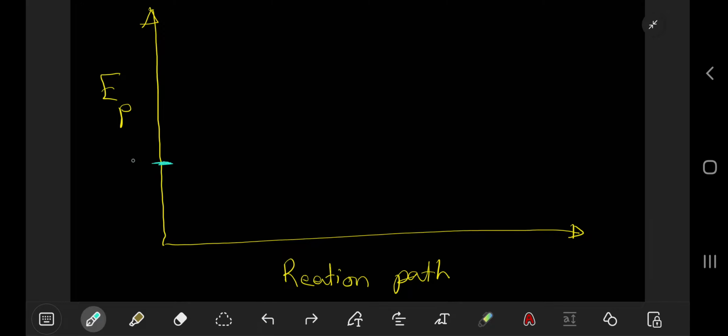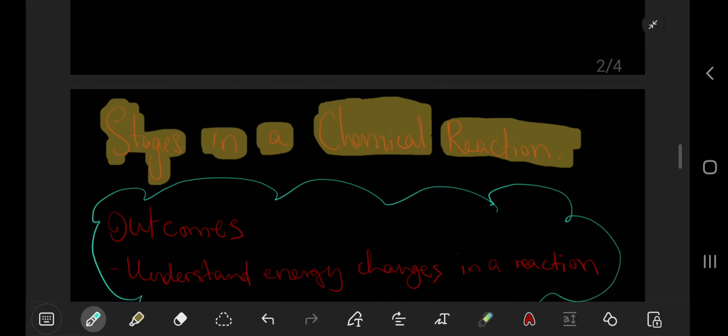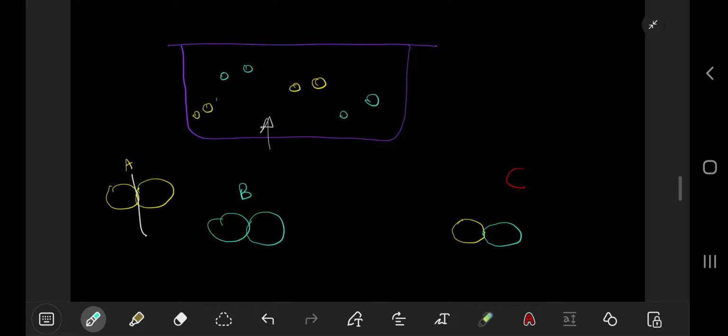That is the heat energy that the reactants had. In the initial stage, we said energy is absorbed, right? This is the energy of A and B initially, which is the reactants.